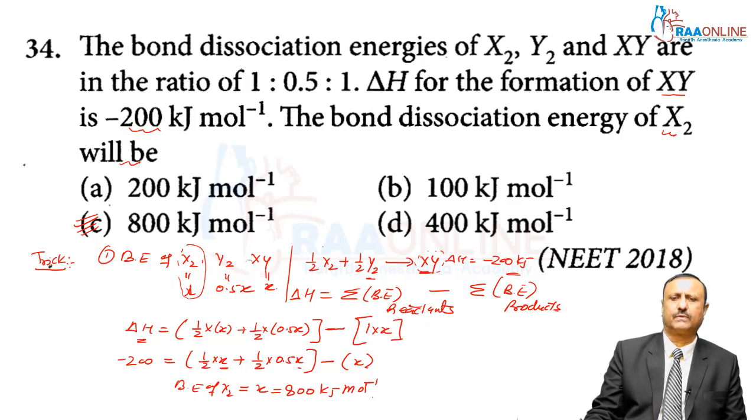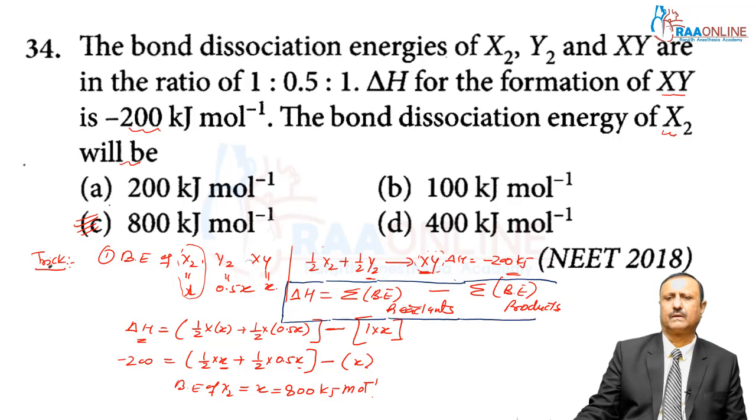Then this is the formula, my dear students, and you should learn and use this formula. In this formula, the bond enthalpy of the reactants minus the bond enthalpy of the products gives you delta H.